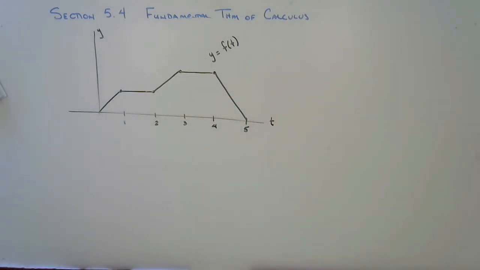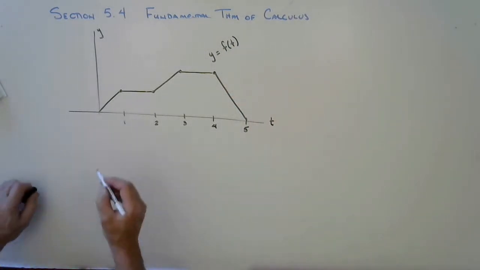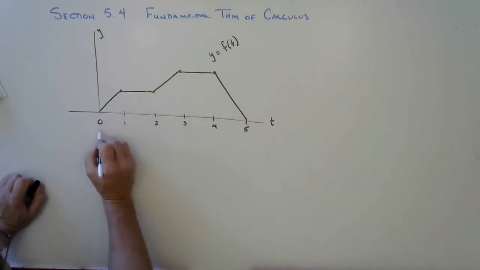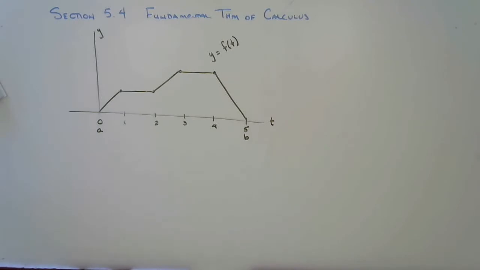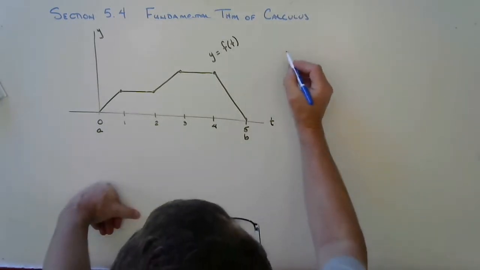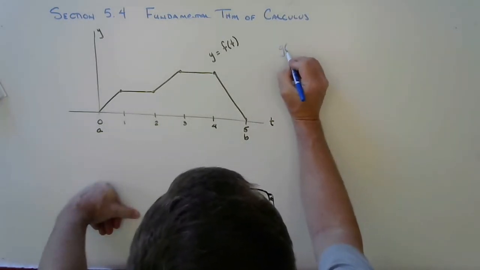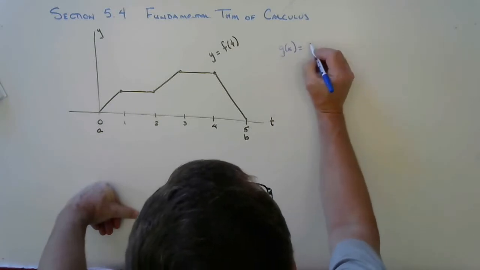In this problem, our a is 0 and our b is 5. Okay? And we want to have a conversation about this function right here, our area accumulating function.